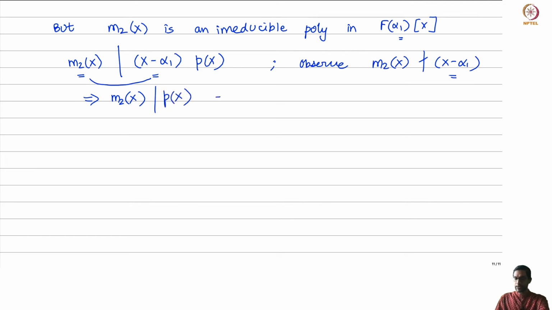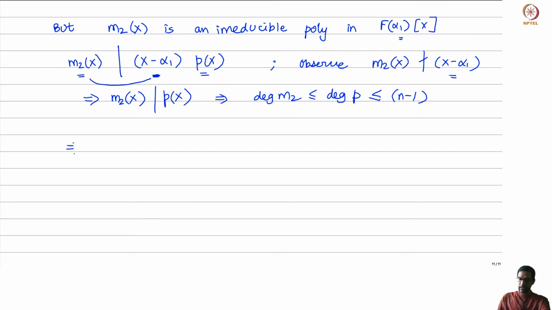That means that the degree of m2 is at most the degree of p, and the degree of p is at most n minus 1, because the factor x minus alpha 1 has already been pulled out of f. What's remaining is of degree at most n minus 1.